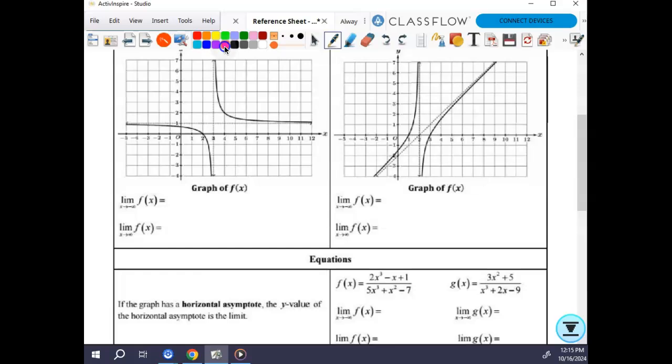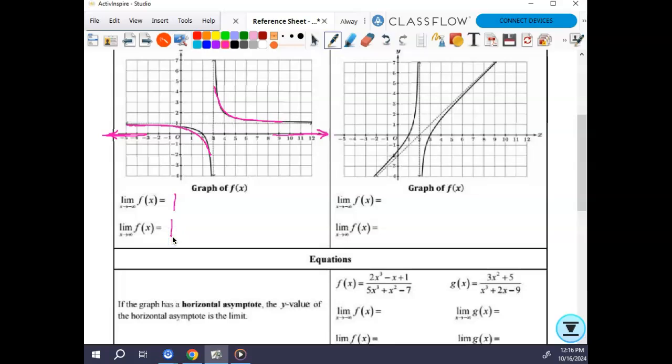And here, we've got both ends as x approaches negative infinity. So when we're looking at this, as x approaches negative infinity, so as x gets smaller and smaller and smaller, the y values here are approaching what? 1. And as x approaches infinity, so as my x values get bigger and bigger and bigger, my y values are approaching what? 1.